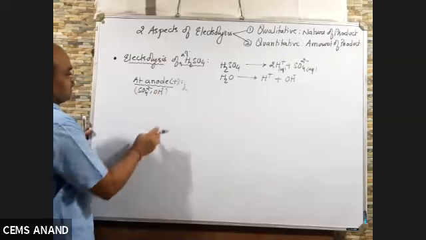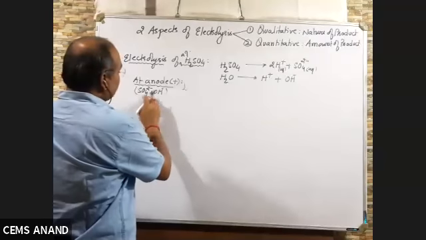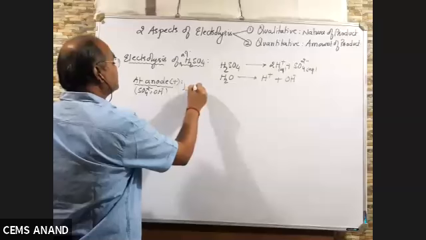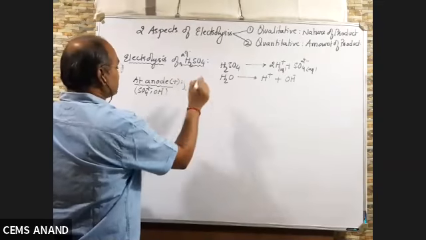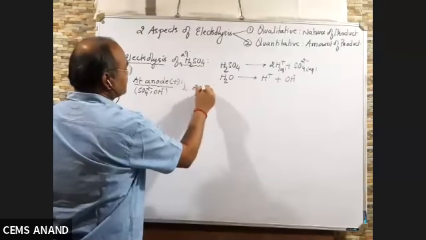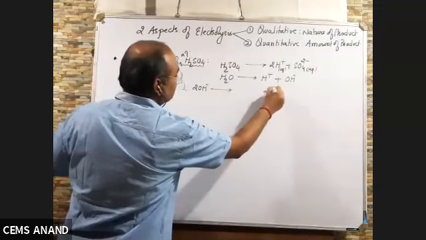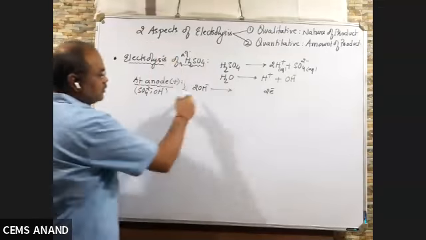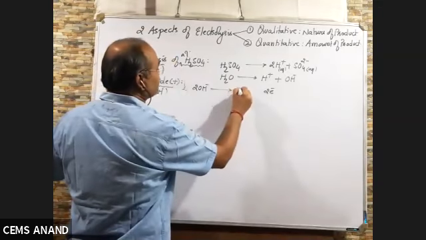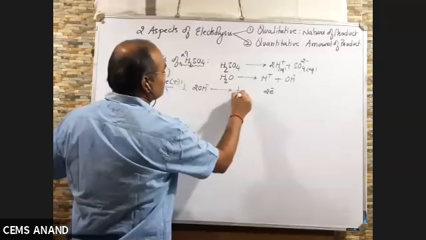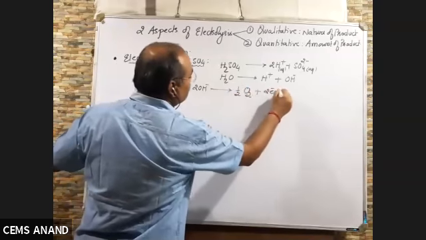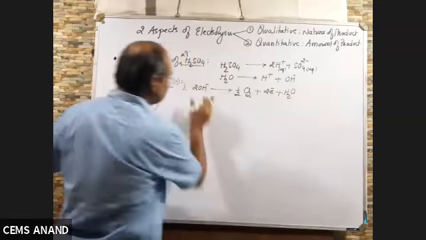Now here SO4 2 minus and OH minus. What will happen here? Both are possible, but 2OH minus at anode undergoes oxidation, loses 2 electrons and gets converted to O2 gas plus H2O.